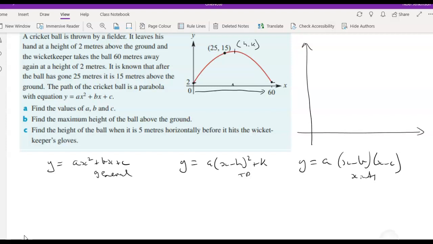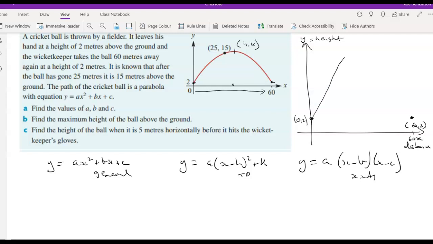We've got y up here, which is also height, and we've got x over here, which is also distance, and we've got a point there which I'm going to label as 0, 2, and I've got another point there which I'm going to label as 60, 2, and we've got a parabola.